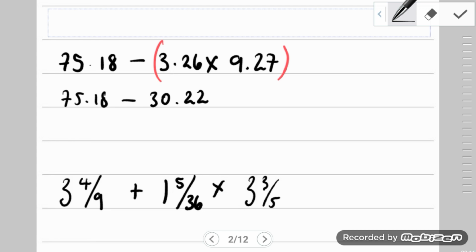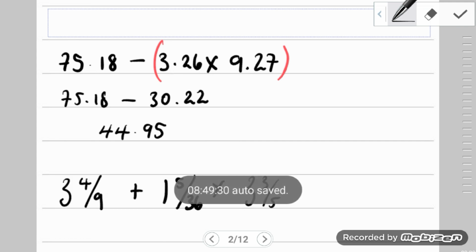And if you go ahead and use your calculator and subtract both of these numbers, you'll find that the answer is 44.95 if you round it off to 2 decimal places. All right, so if you're working with me and you have gotten that correct, then you are off and running and you have gathered your first 2 marks.